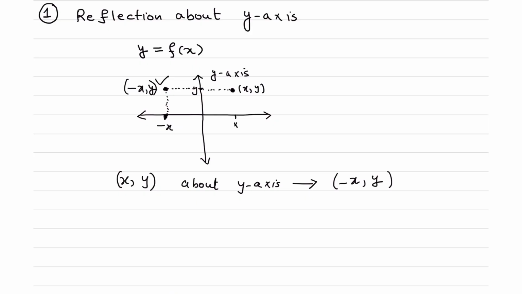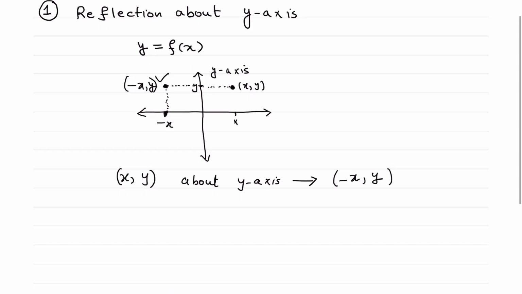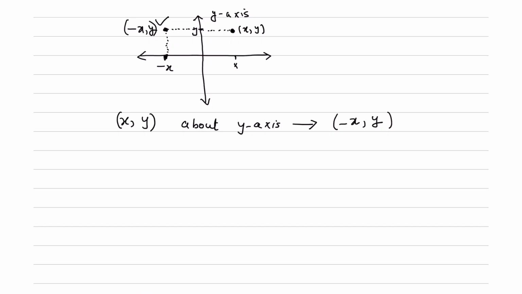Means y remains unchanged and x is changed into minus x. So for reflection of the graph y equal to f of x, we will replace x by minus x. That's it.